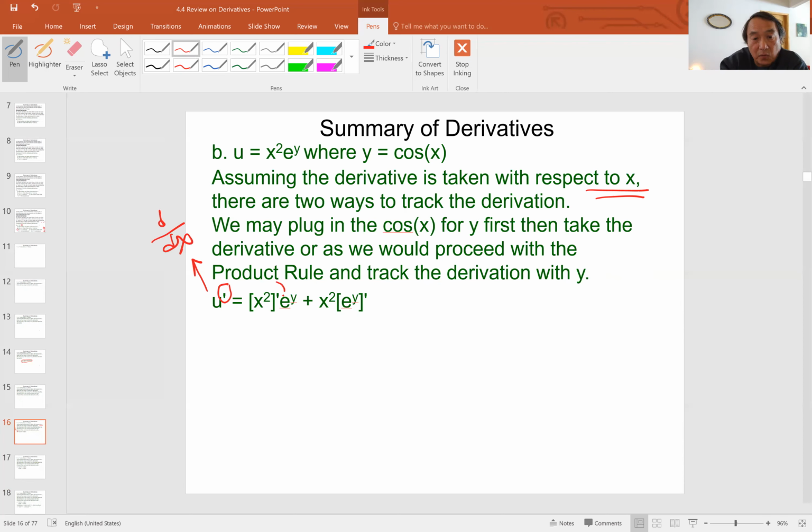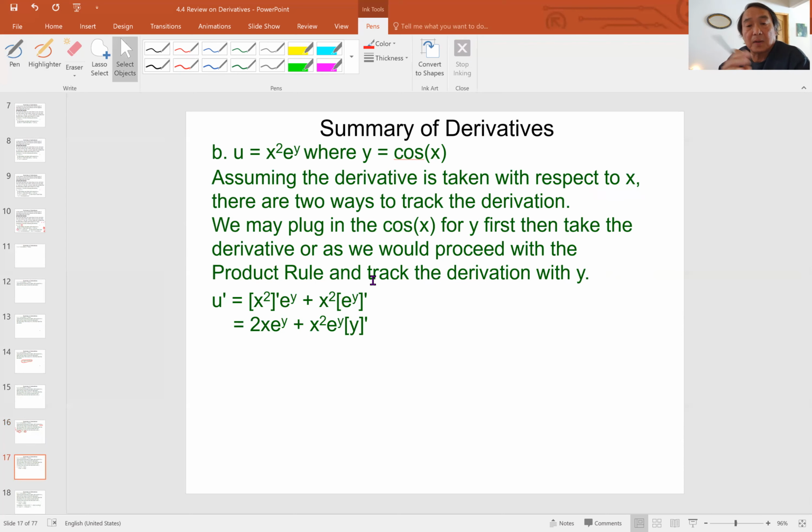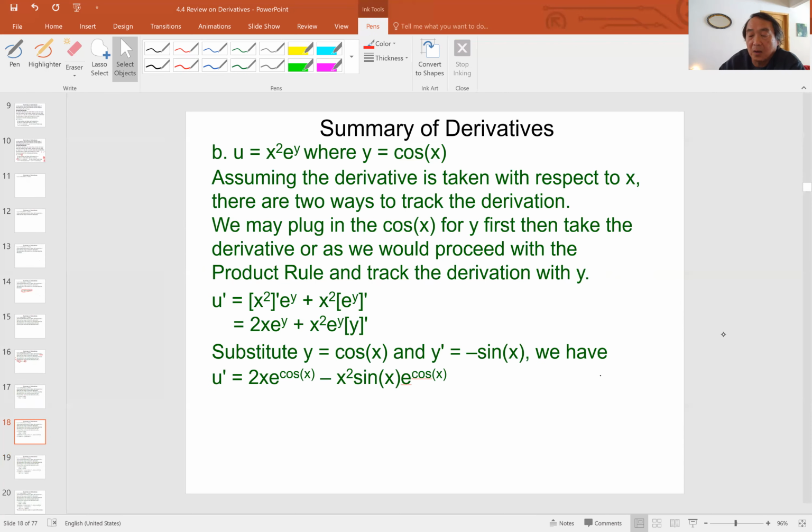When I take the derivative with respect to x, the derivative of x squared is just 2x. But for the derivative of e to the y, I have to use the chain rule because y is a formula in x. That's where the chain rule comes in. Of course, I know what y is, so I can plug it back in if I want to figure out the corresponding answer.